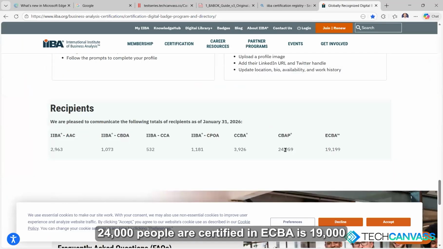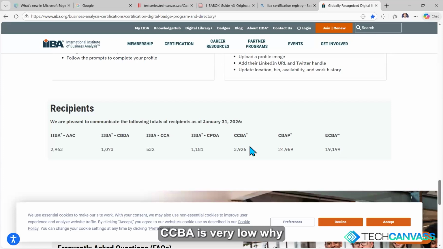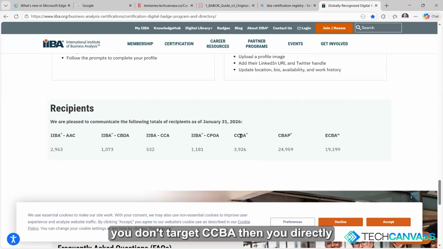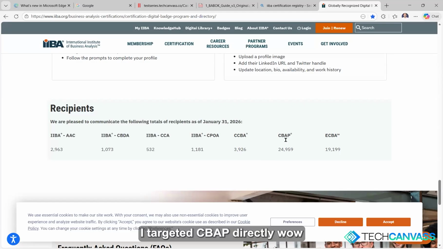24,000 people are certified in CBAP. ECBA is 19,000. Look at this. CCBA is very low. Why? Because the moment you do ECBA, you don't target CCBA then. You directly go to CBAP. We'll take another 2-3 years and then we'll target CBAP. I targeted CBAP directly.